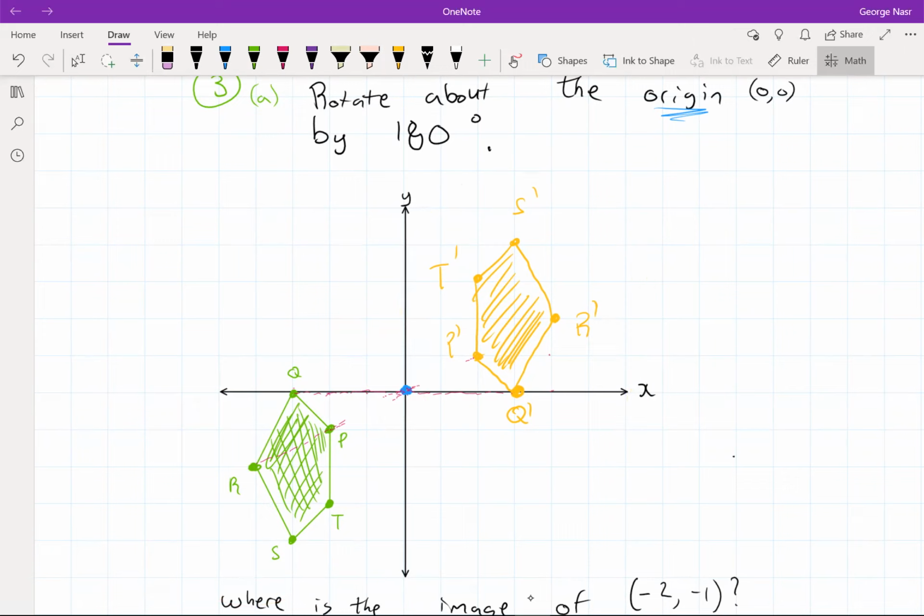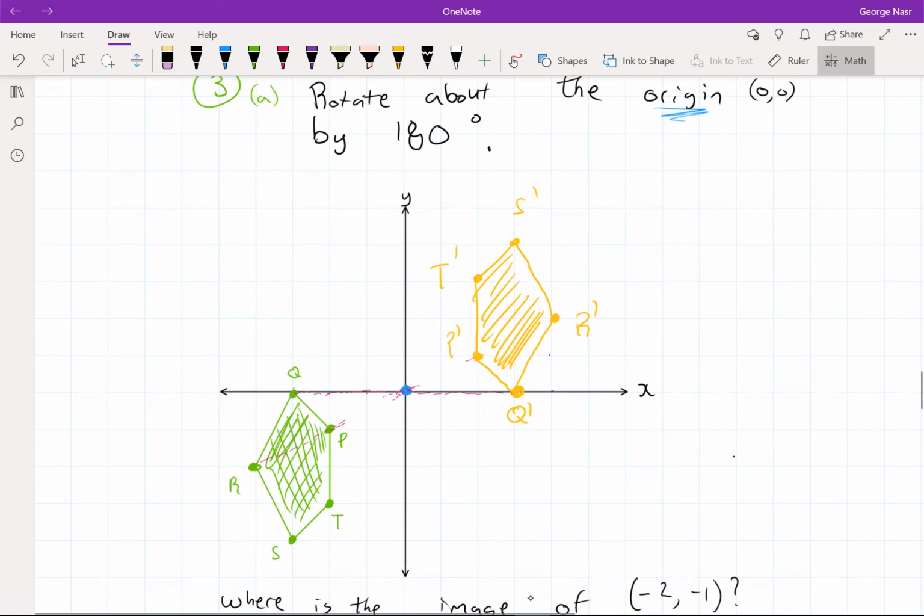Flip it around on your page and then compare what you see on the page to what you see on the screen. It should look basically the same, except the letters are upside down and the colors are flipped around. That's actually how you could figure out if you've rotated correctly. If you take your page and you flip it around, that's going to be perfect.